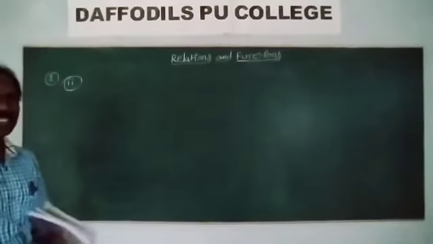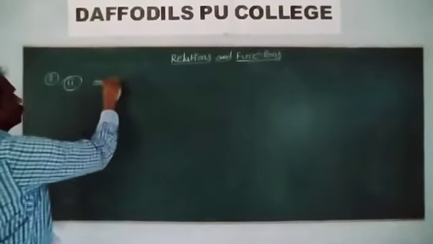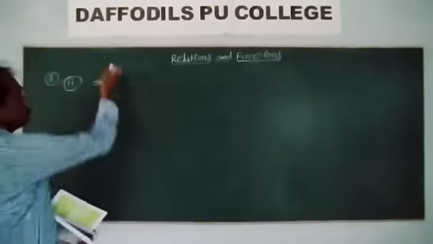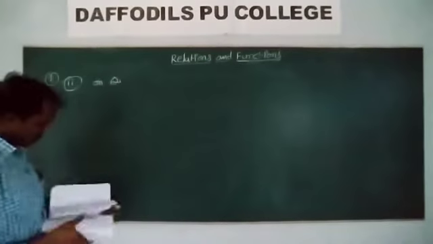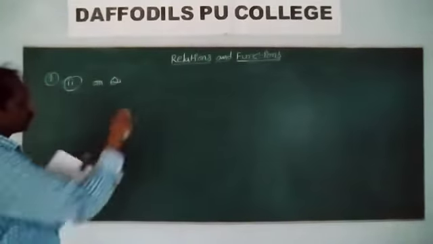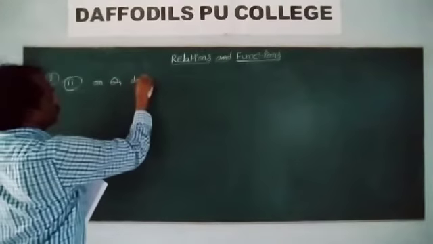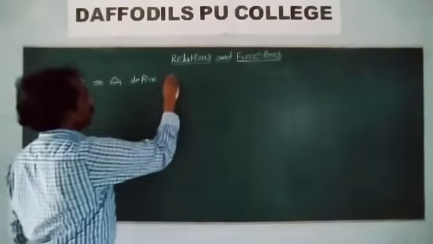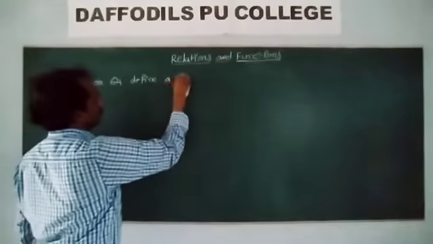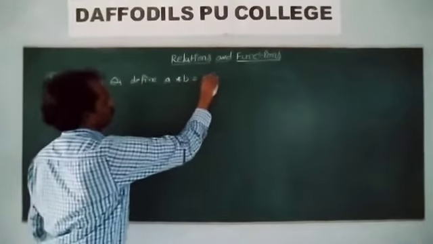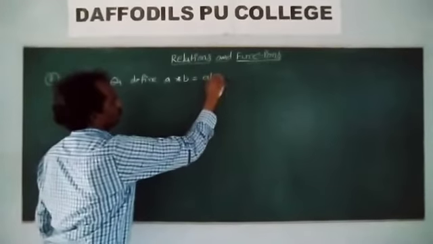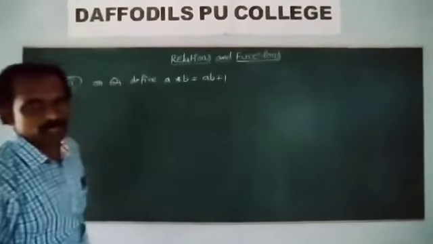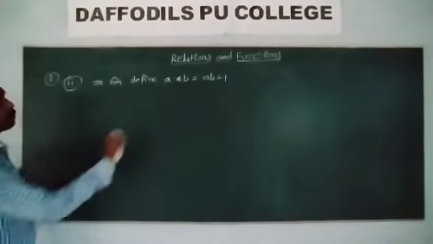On Q, rational numbers, define A star B is equal to AB plus 1.